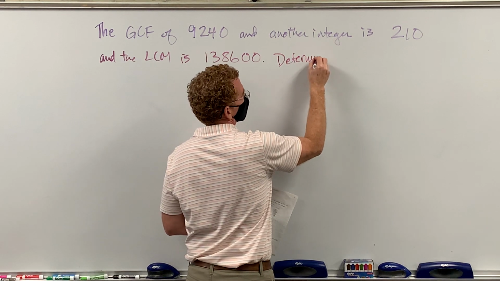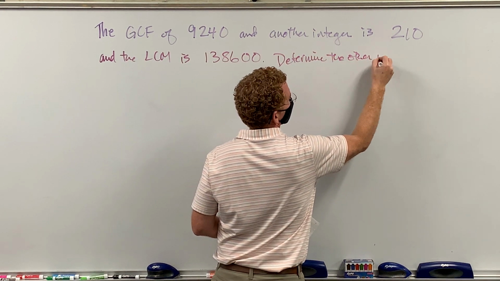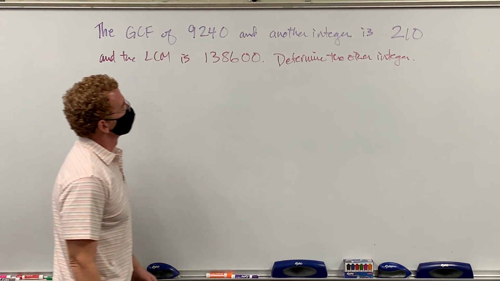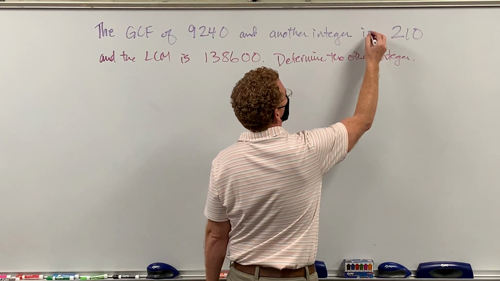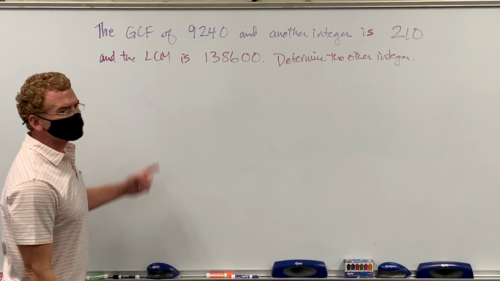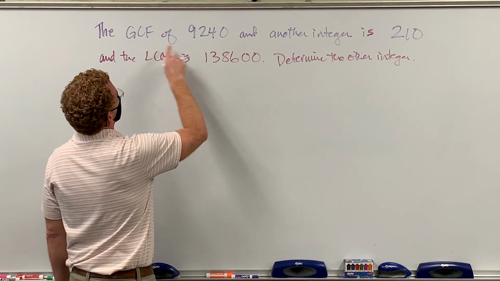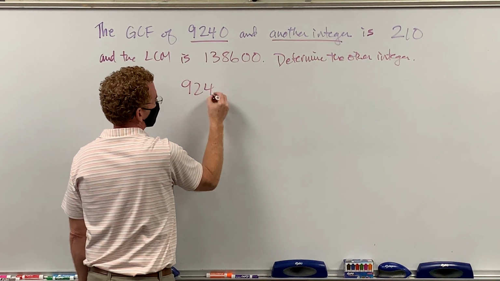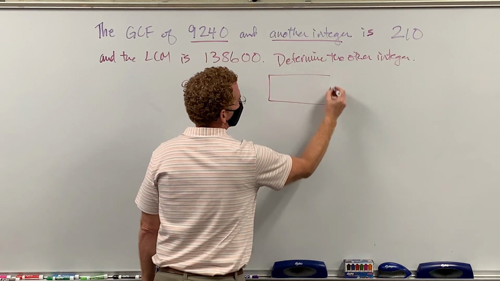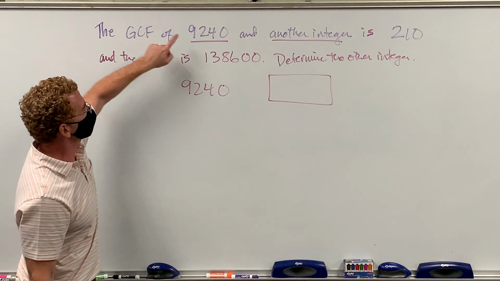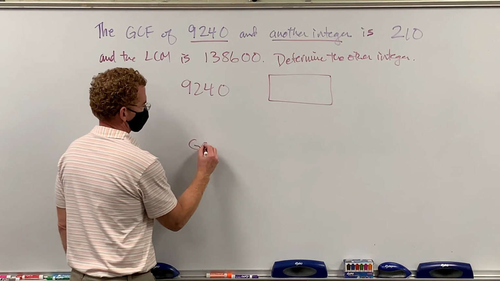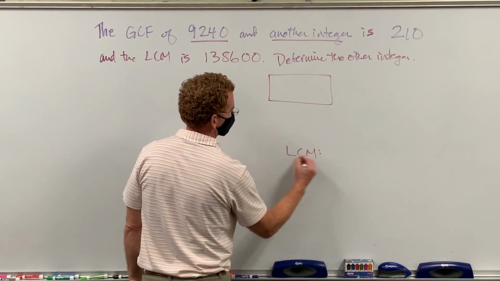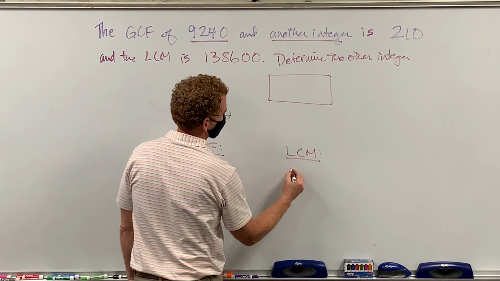Determine the other integer. So basically what I'm telling you is that there are two numbers. The greatest common factor of that number and another integer. So I've got 9240, and then I've got some other number. And I'm telling you the greatest common factor of these two is 210, and the least common multiple of these two is 138,600.